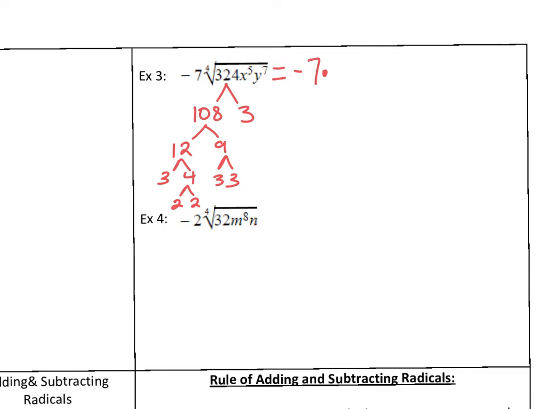I'm looking for groups of what? Yep. 4, right? My index is 4. So I'm looking for groups of 4 of the exact same number. Do I have any? What are they? 3s. I got 1, 2, 3, 4, which this just becomes one group of 3. So just times 3.